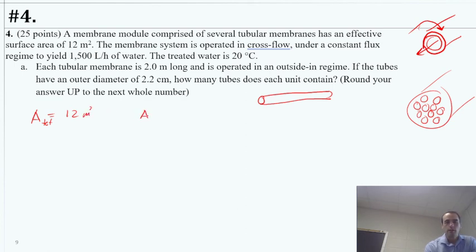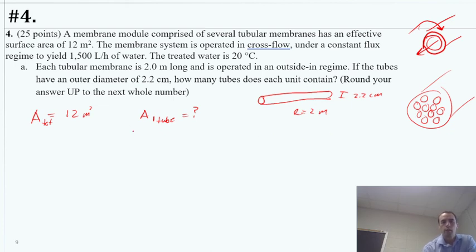So we need to know the surface area for one tube, and that's going to be this length. So the surface area here is essentially the length times the circumference, right? So we have a length, and then we have a diameter. It's 2.2 centimeters. Length was 2 meters.